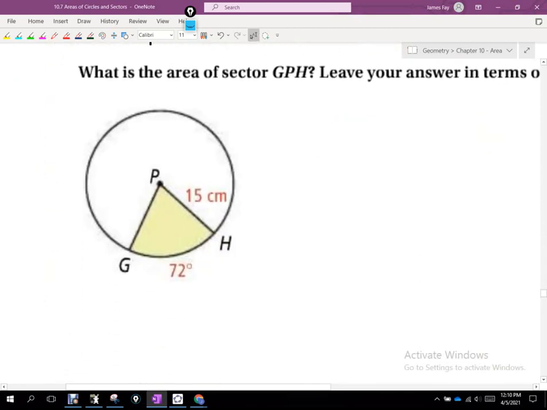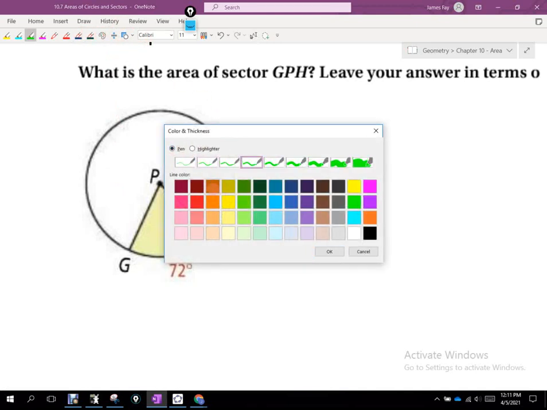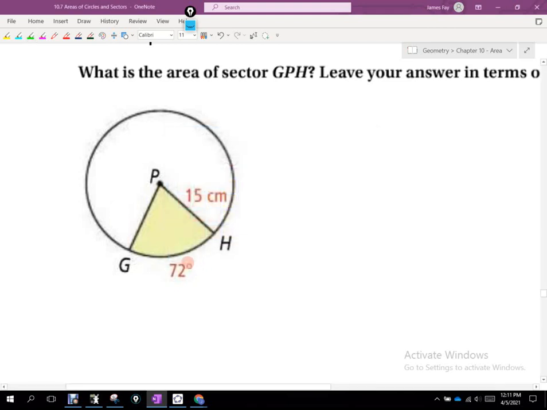So this type of question they're going to give you: what is the area of sector GPH? Leave your answer in terms of pi. I always argue with students about what is easier. If I leave my answer with the symbol pi in it, that should be easier or less time consuming than rounding to the first decimal place, second decimal place, that kind of thing.